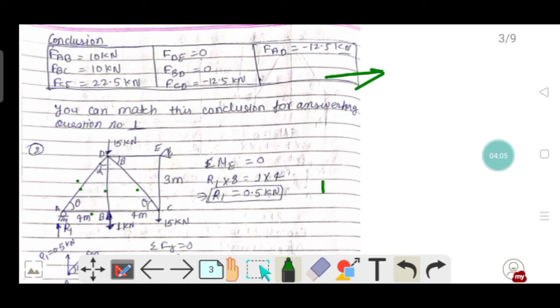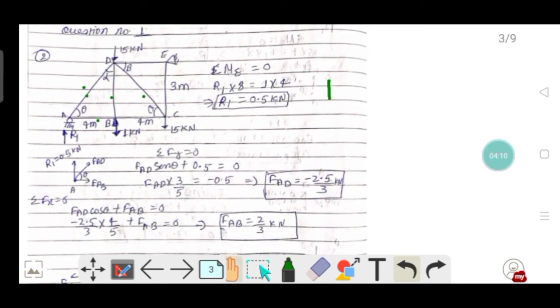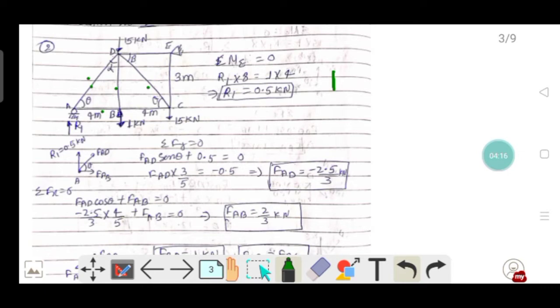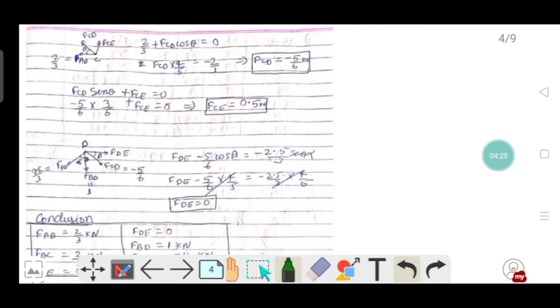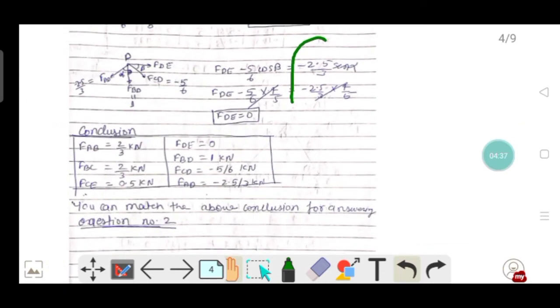In the same fashion, first we find the reaction R1, and by equating the equilibrium equations at each joint, we find the member forces in each member. These are the member forces that we got after calculating.